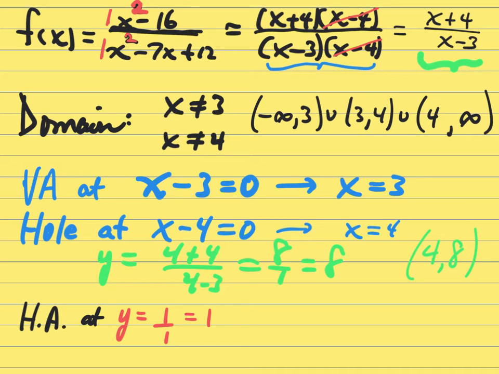On the next slide, I'm actually going to graph this because I don't think I've got enough room to make it look halfway decent. All right, so I'm going to switch to another slide and graph this. Our horizontal asymptote was at 1.